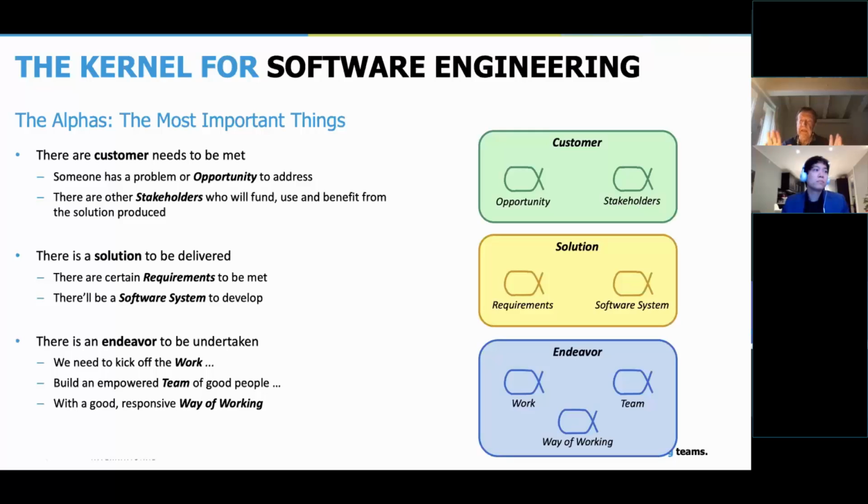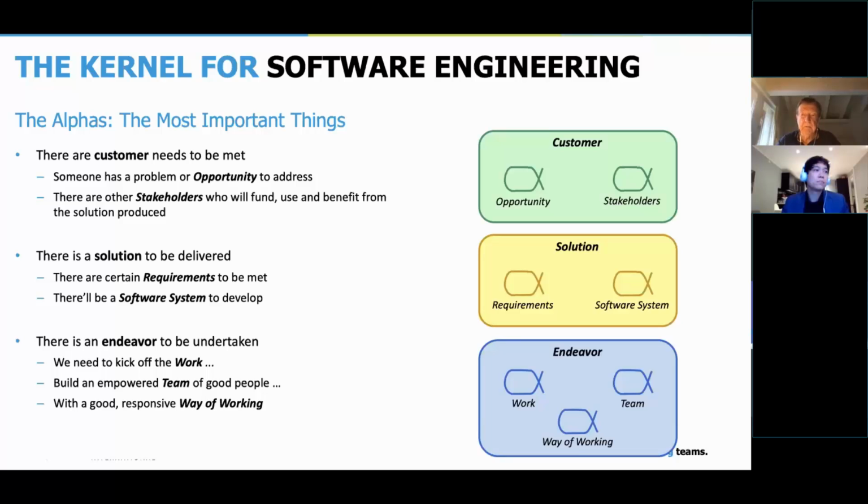So basically, the only thing we know about an alpha is that it has states, and you progress from state to state to state. All right, that is one part of the kernel, the most important part, namely the alphas.